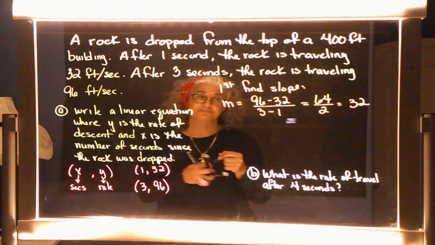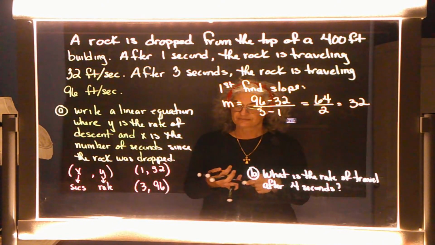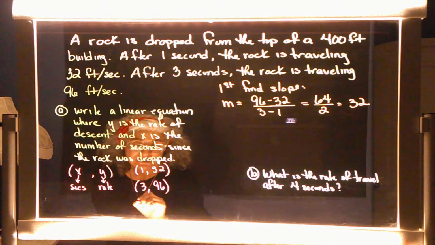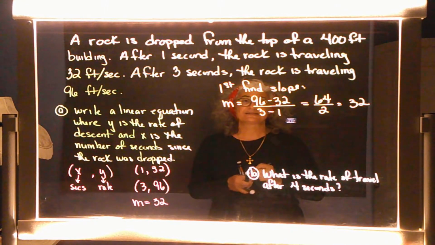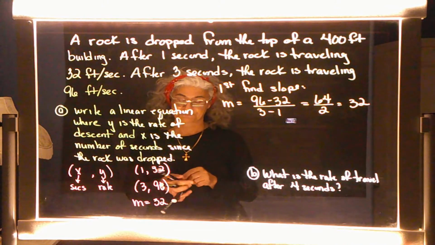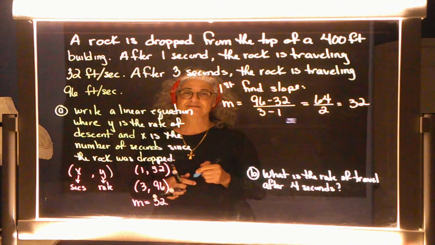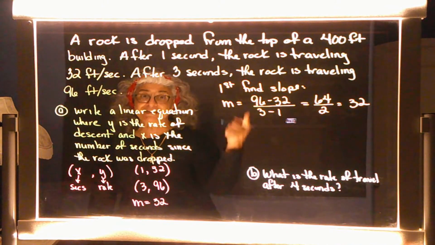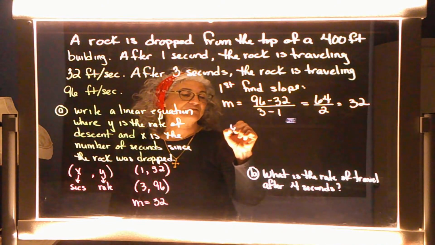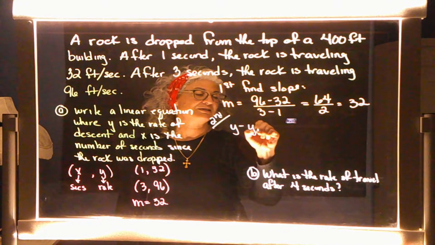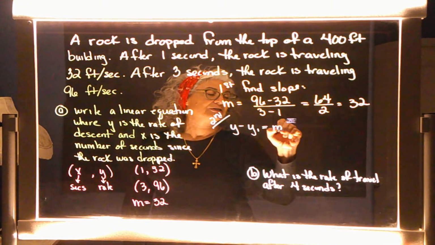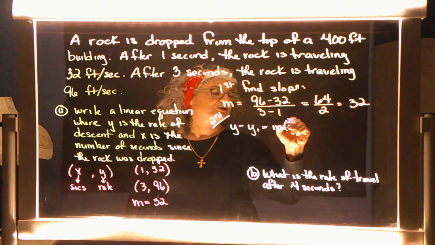Got the slope. So now I also know that m equals 32. Does that make sense? All right. Am I ready to write that equation? I'm ready to plug it in at least, right? And we have to plug it into this particular point-slope form.